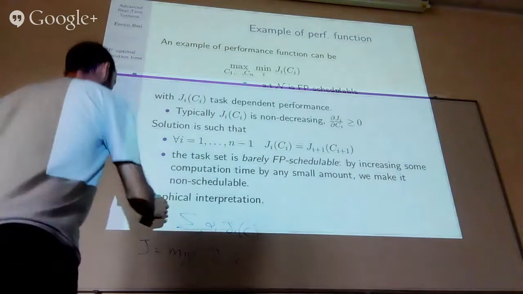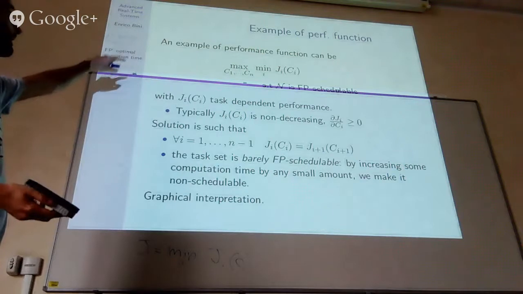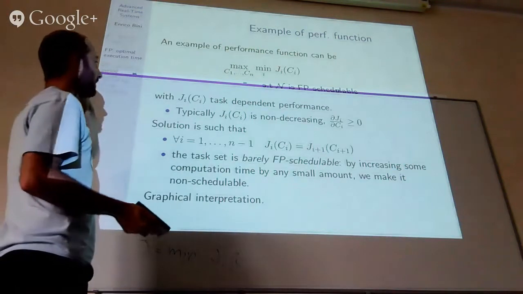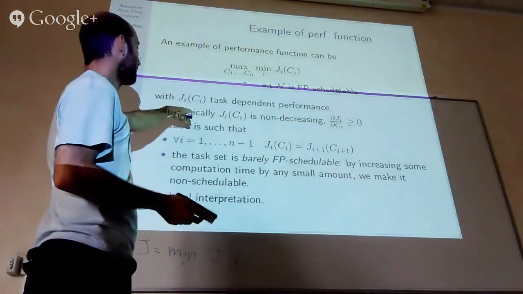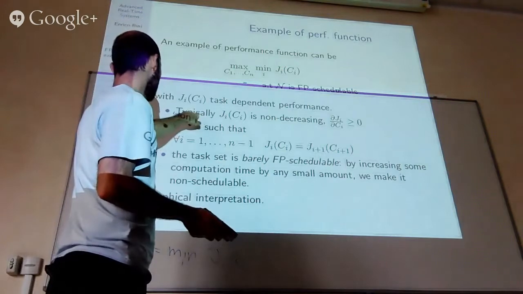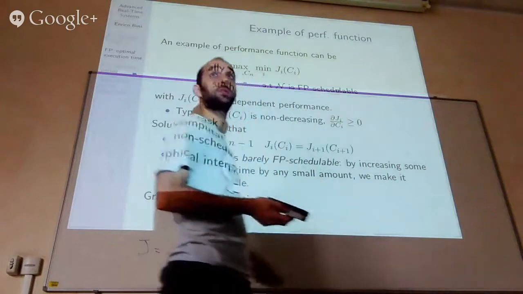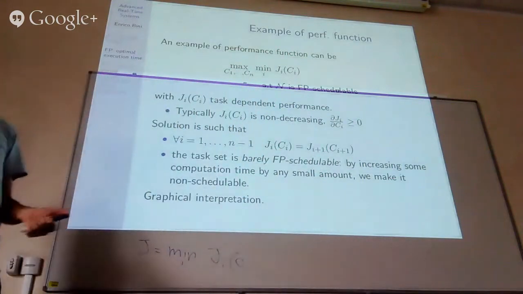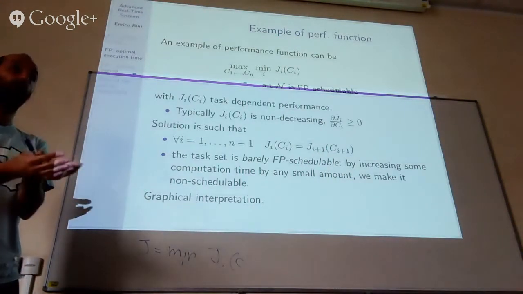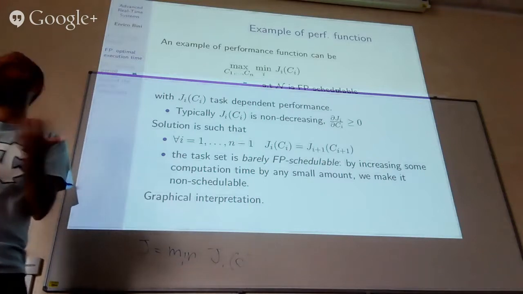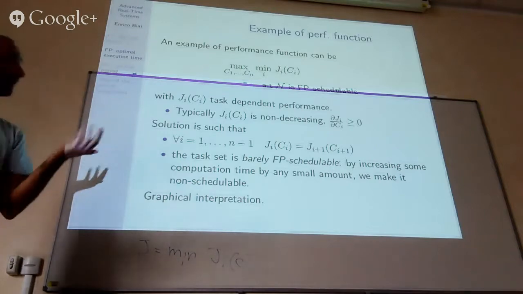Right. So if we assume this performance function, and we assume something quite natural to do, that the performance is non-decreasing with the computation time, this is something that you always expect. You expect that the more a task executes, the better performance it delivers. I don't see any reason for running a task longer if it decreases the performance, so it doesn't make much sense.